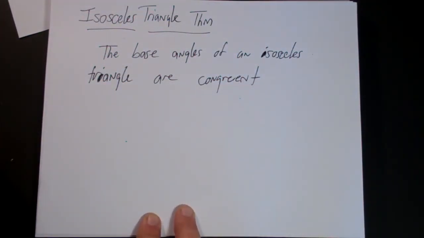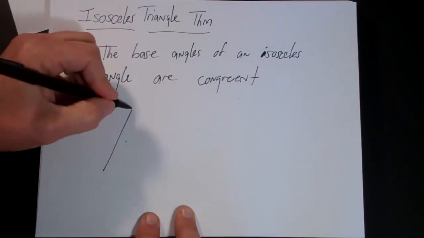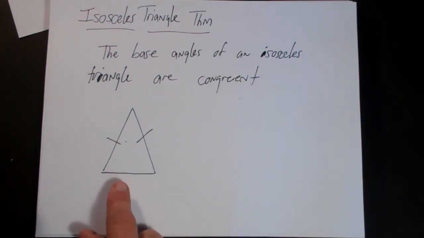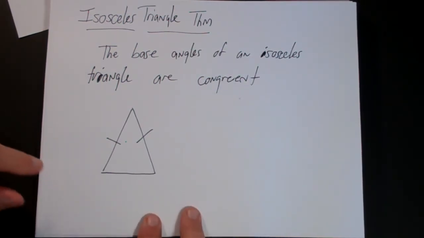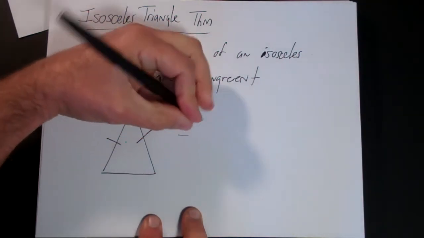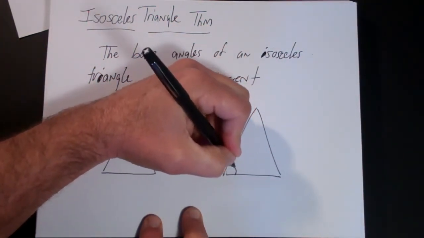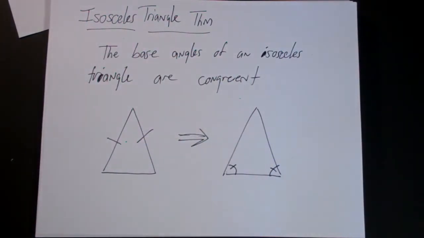And I actually think about this more in terms of a picture. If you have a triangle like this, where two sides are equal, that implies that the two base angles are equal. And that's the Isosceles triangle theorem.